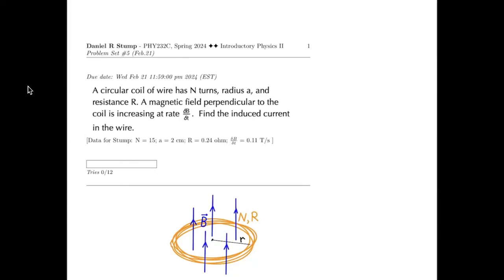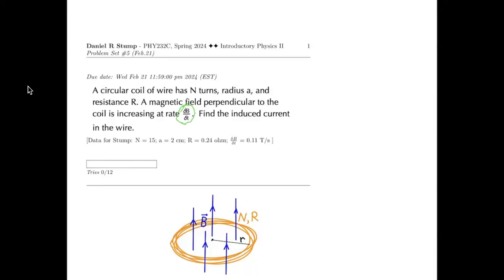This problem has a circular coil of wire with N turns, radius A, and resistance R. A magnetic field perpendicular to the coil is increasing at a rate dB divided by dt, or change in magnetic field divided by change in time. That's the rate of change of the magnetic field.